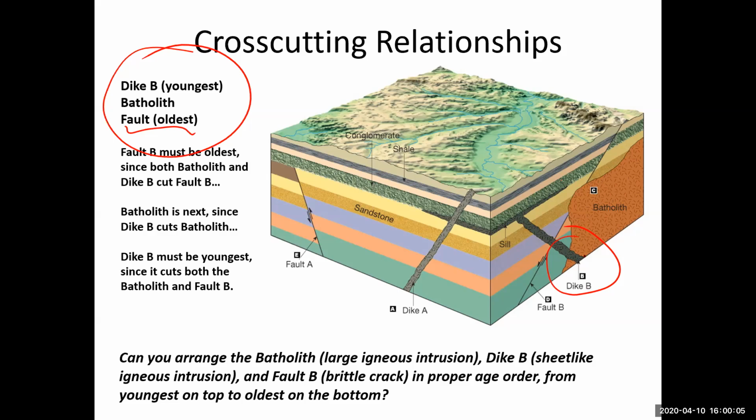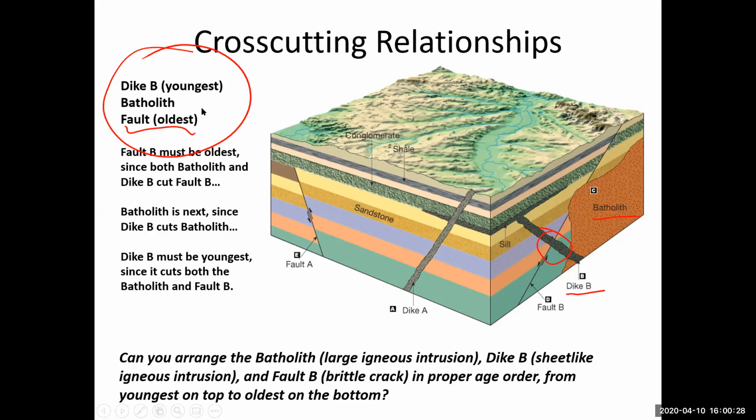As the dike intruded the batholith right here, it literally melted away the batholith and replaced it with dike B material. And then it's also the case that dike B, as we said before, melted away the fault. So we know that dike B cuts the batholith, not the other way around.